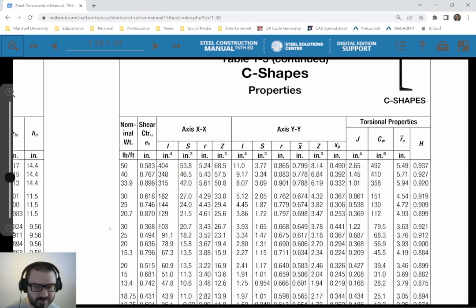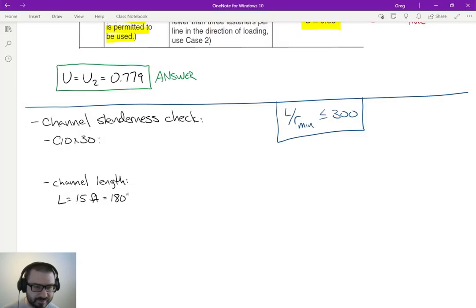Okay, so we looked up the RX is 3.43 inches, RY is 0.668 inches. So we use R minimum.